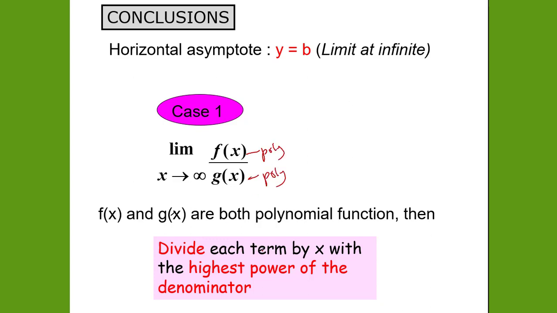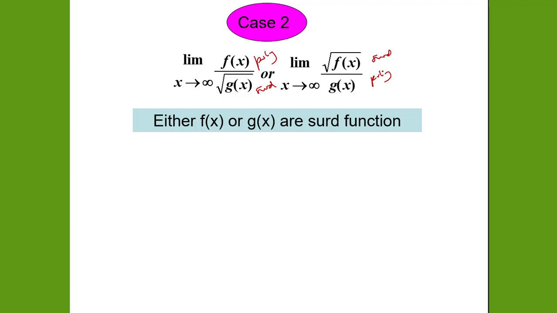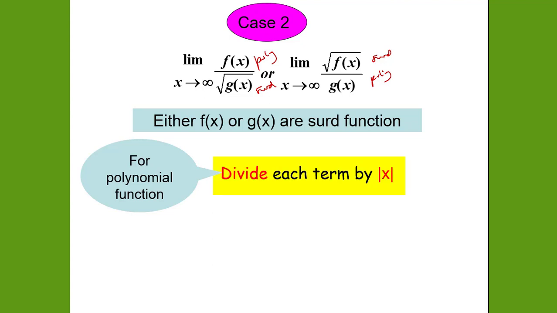Divide each term by x with the highest power of the denominator. Case 2: polynomial over surd or surd over polynomial. Either f(x) or g(x) is a surd function. For the polynomial function, divide each term by modulus x.